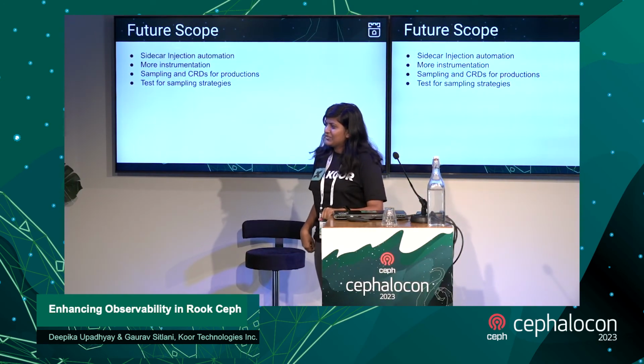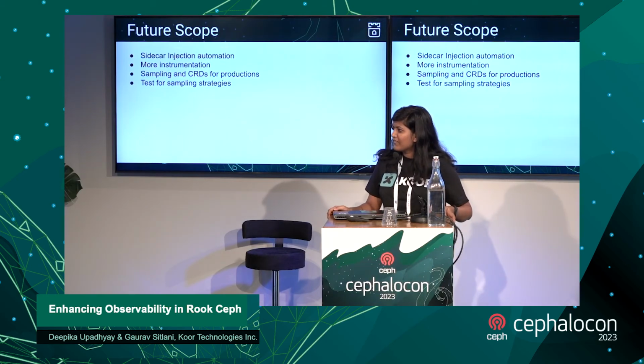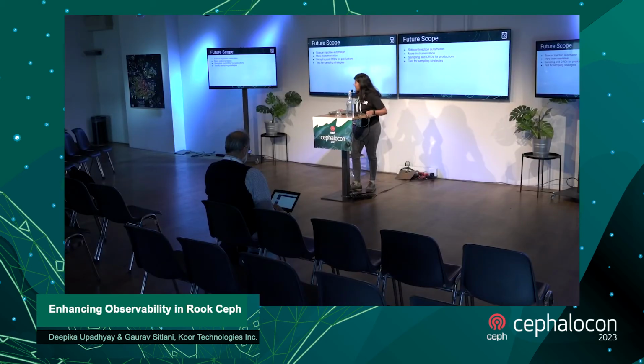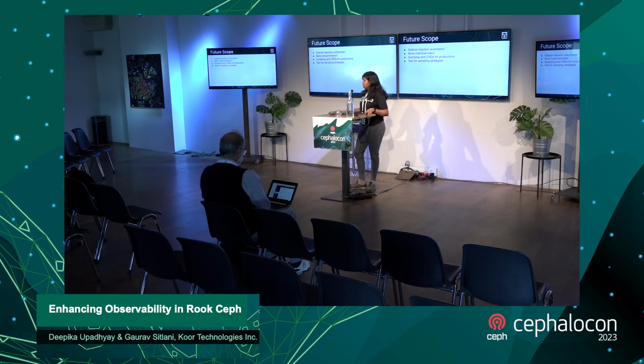Just one short question. You mentioned that this observability will be available in Reef. Reef is the code that will have the capability to instrument all these traces and this data. Yep. In Rook, we use a Ceph image, and right now we are using Quincy. Reef would be releasing soon as well.